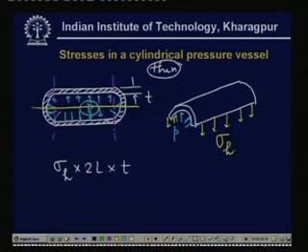This is the area over which sigma h is acting, and this is balanced by the total force acting upwards, which is the projected area, which will be equal to twice R.